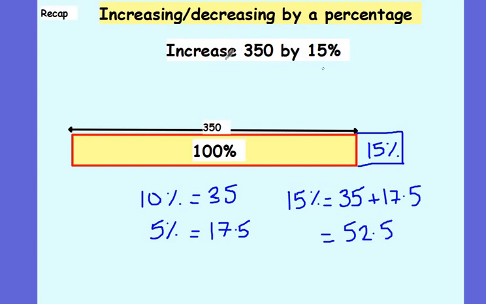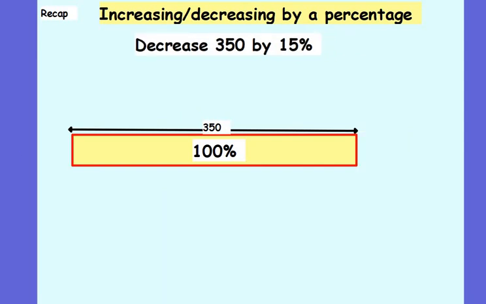But I've been told to increase 350 by 15%. 350 plus 52.5 will give me 402.5.